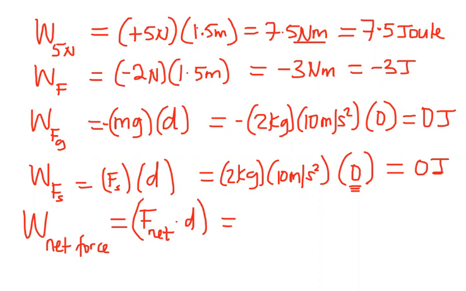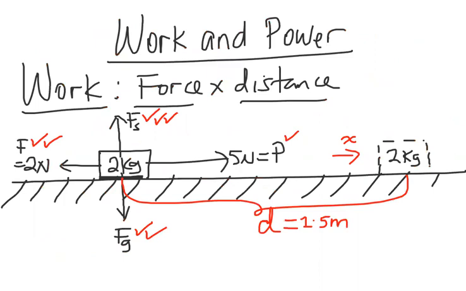Now, if you look carefully at our problem here, the support force cancels with the gravitational force, and the 5 Newton force and the 2 Newton force add up to 3 Newtons to the right.